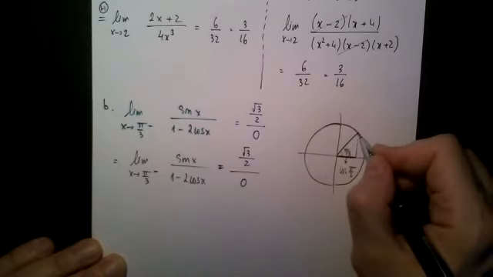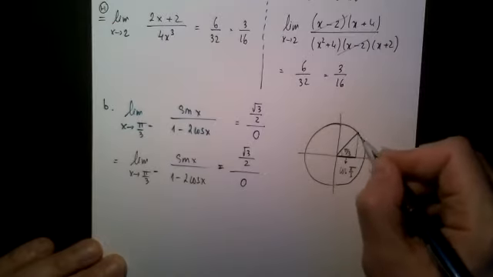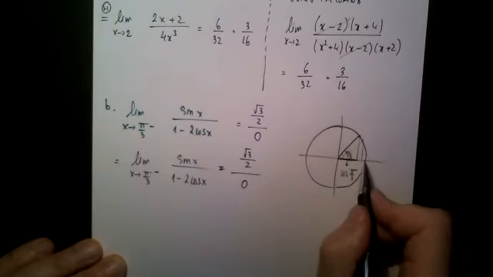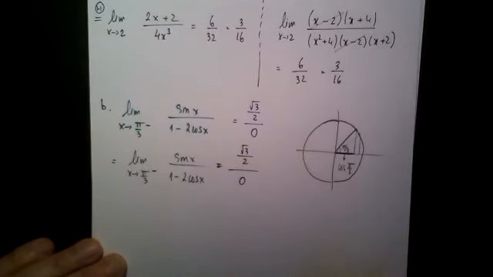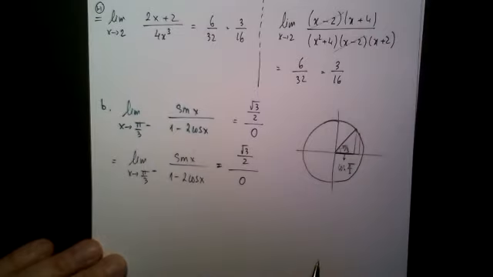If my angle is just a little bit less than pi over 3, that means that my cosine is a little bit bigger. It's a little bit bigger than a half. And therefore, if this is bigger than a half, then this will be a negative number.